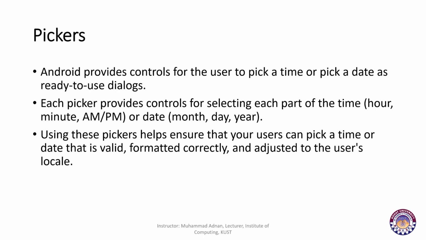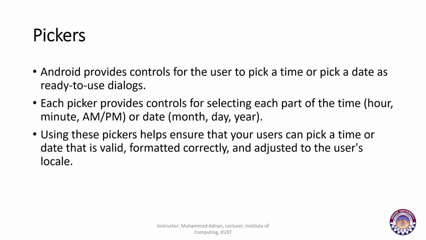And then we have pickers, a related concept. Android provides controls for the user to pick a date or pick a time as a ready-to-use dialog. So built-in dialogues are provided to you. You just have to use them. Each picker provides control for selecting each part of time.